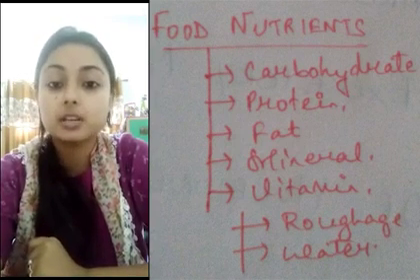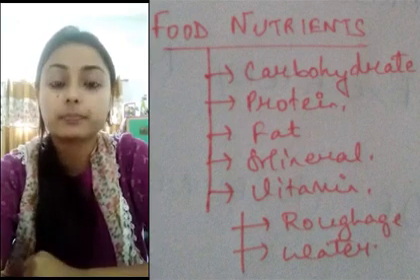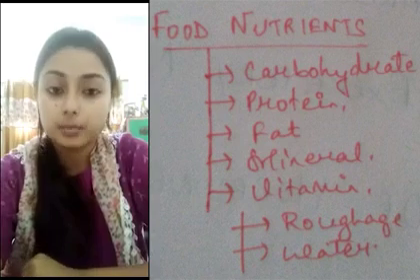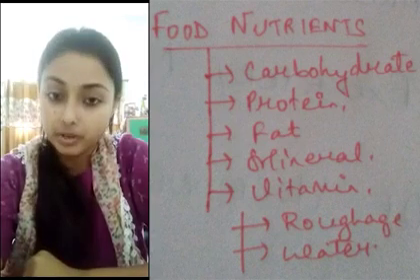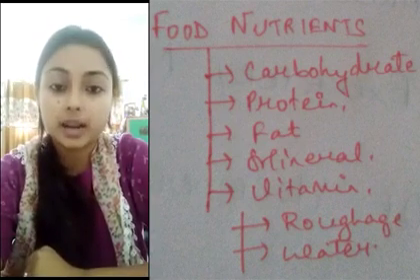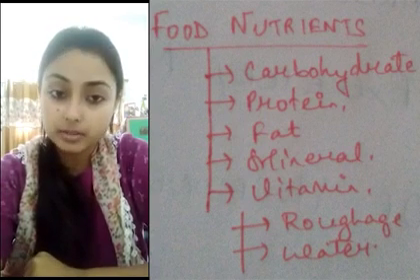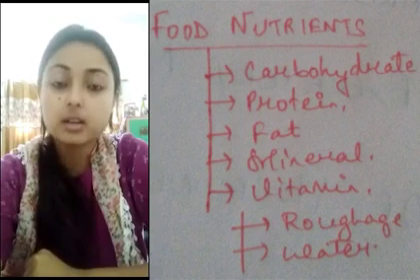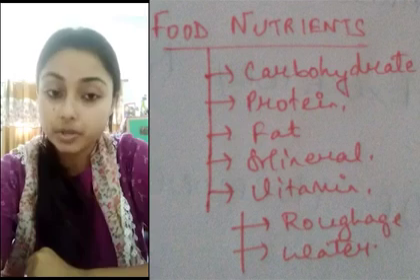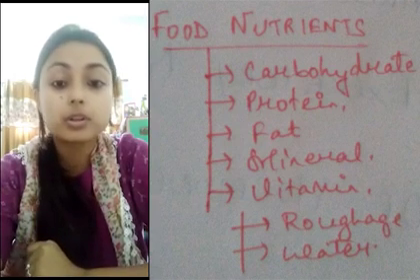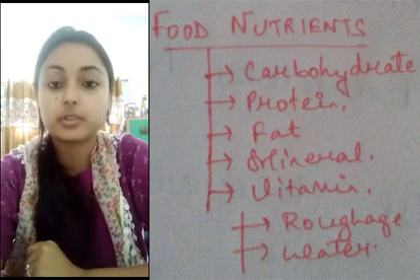Now the question is, what are the main nutrients in our food? They include carbohydrate, protein, fat, minerals and vitamin. Apart from nutrients, there are two other important substances which include water and roughage.